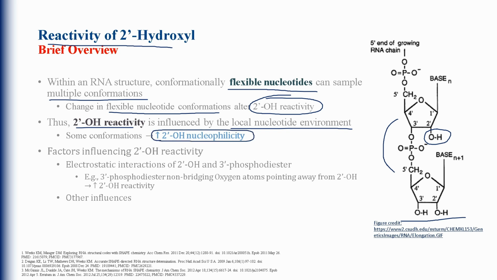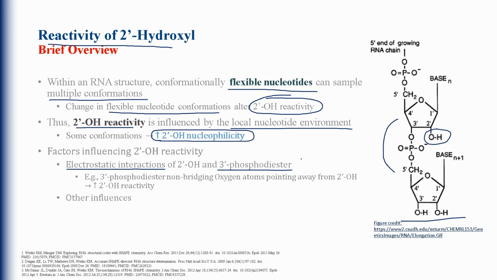Now, factors that influence the 2'-hydroxyl's reactivity are a few. For example, electrostatic interactions of the 2'-hydroxyl along with the 3' phosphodiester can make it so that there is an increase in the nucleophilicity of the 2'-hydroxyl.